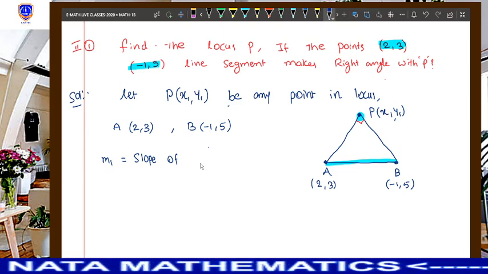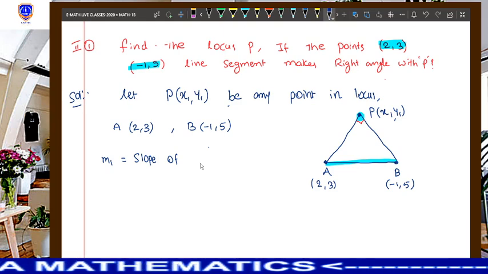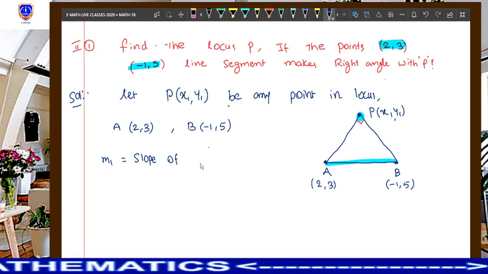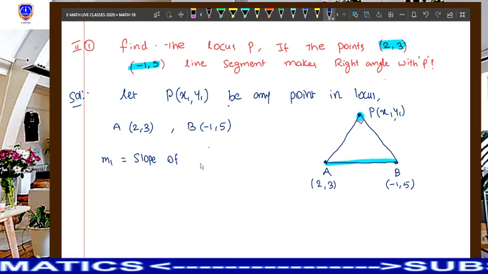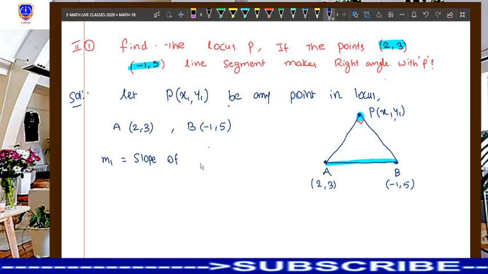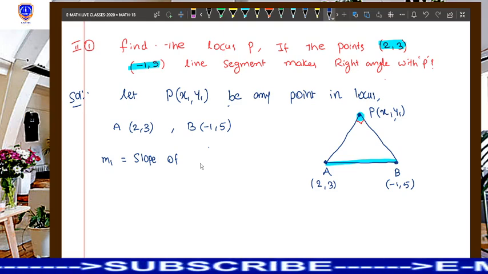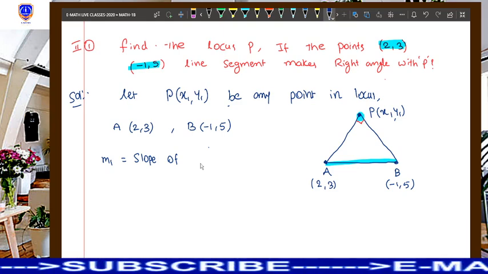The first one, you all know, by the Pythagorean theorem, we can prove this as hypotenuse square is equal to side square plus side square. Also, we can have the locus by the second method. That procedure we are discussing now in this video.